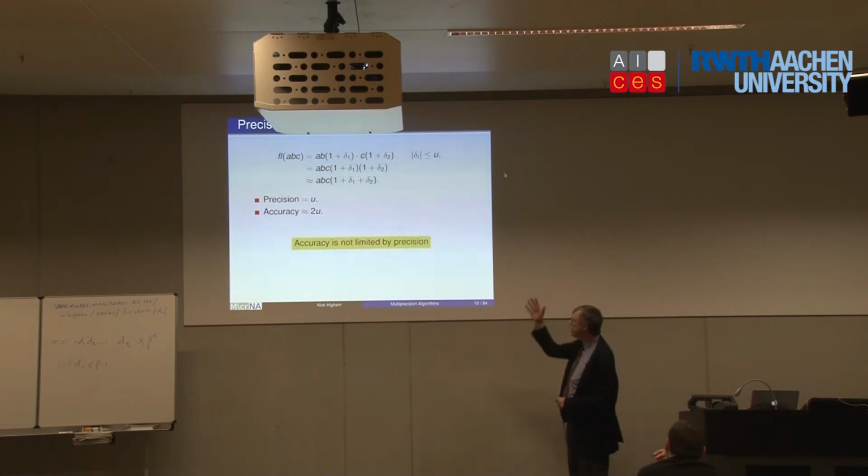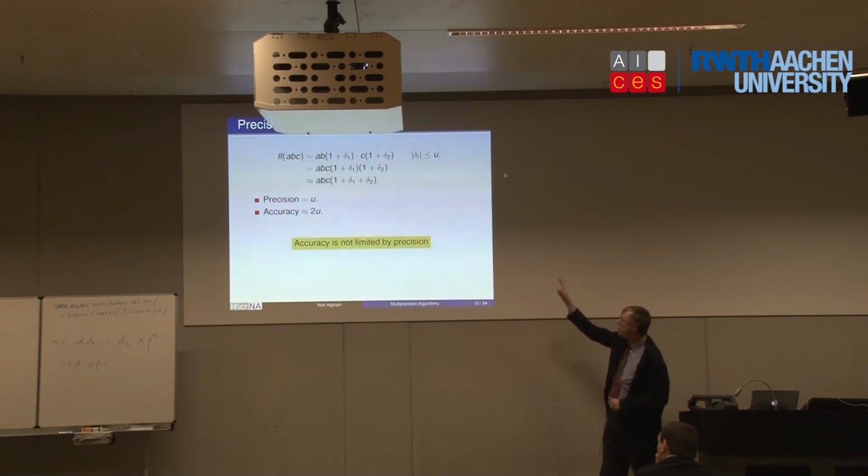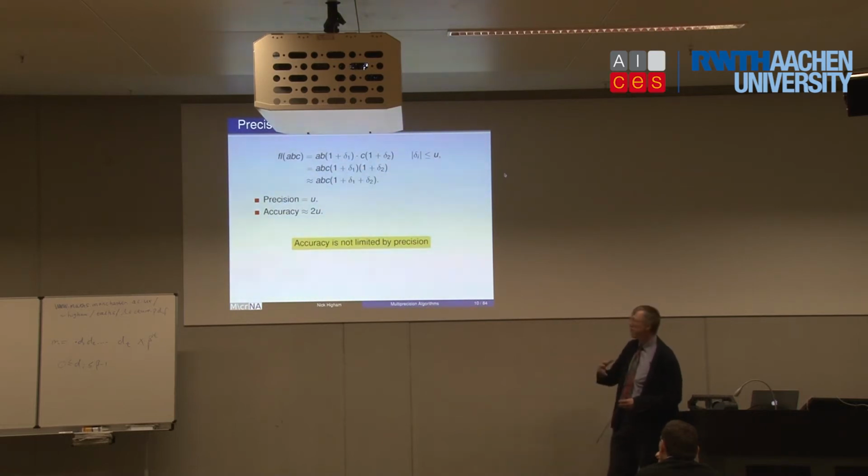So the precision of the arithmetic is u. Every single operation is done with accuracy u, but this particular product will have accuracy, in the worst case, about 2u. So the accuracy, the relative error of my final answer is worse than the precision, which is kind of obvious really.